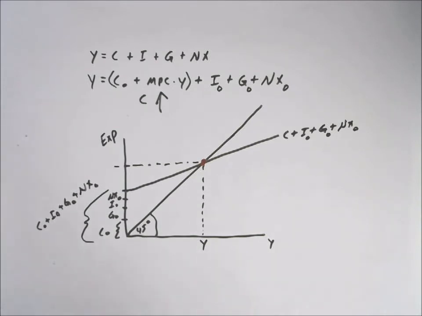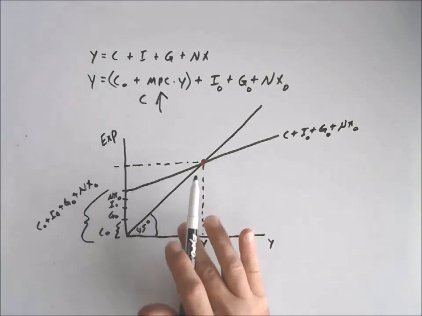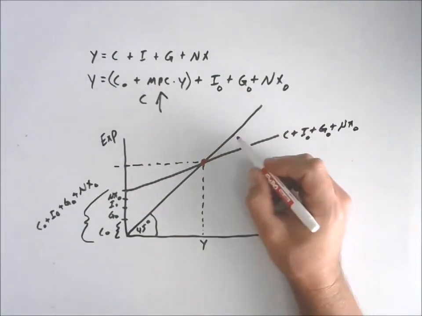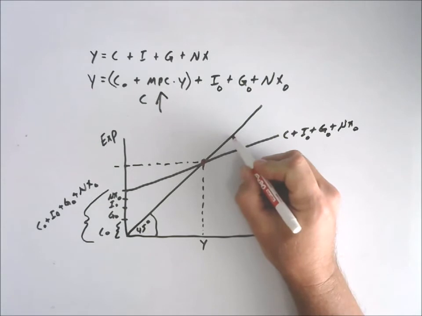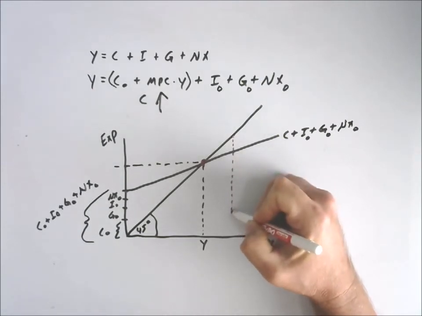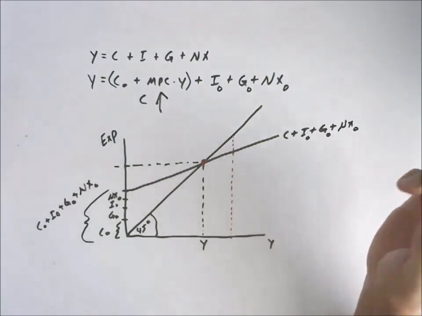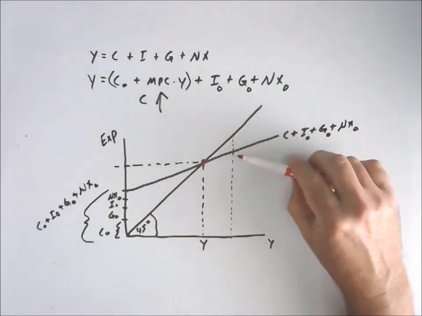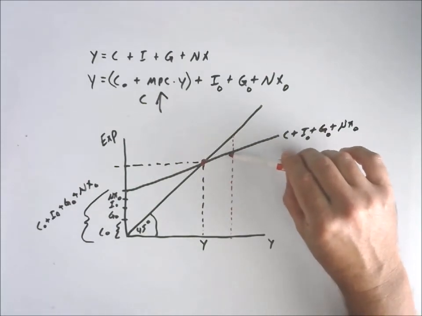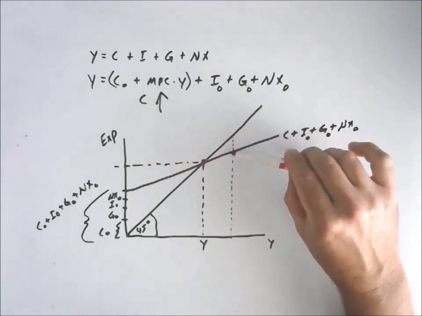Now, why is that an equilibrium? Because assume the economy is out here in real GDP. What does this mean? This means that planned expenditures are less than real GDP.